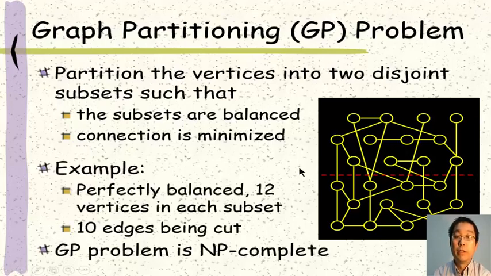For this partition, it is perfectly balanced because there are exactly 12 nodes on the top half and 12 nodes on the bottom half. And when we count, we have 1, 2, 3, 4, 5, 6, 7, 8, 9, 10. So 10 edges have been cut, which means the connection between the two subsets is 10.